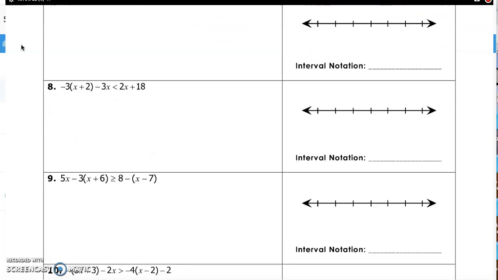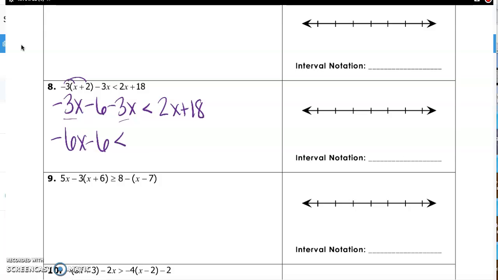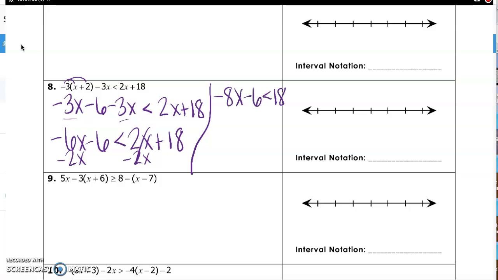Looking at number 8, again we distribute first. So negative 3x minus 6 minus 3x is less than 2x plus 18. Combine your like terms, that gives us negative 6x minus 6 is less than 2x plus 18. Again, I move my variable from the right to the left, so subtract 2x. That gives me negative 8x minus 6 is less than 18.